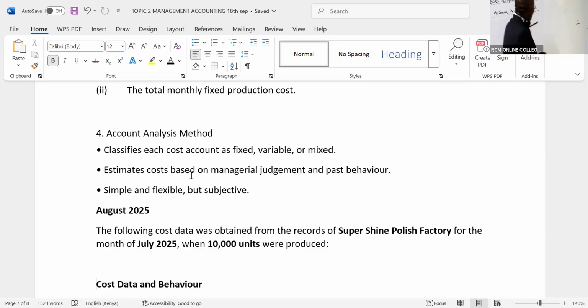So that is it. Under accounts analysis method, we break down all costs into fixed and variable cost components. Just write like this. We break down all costs into fixed and variable cost components.